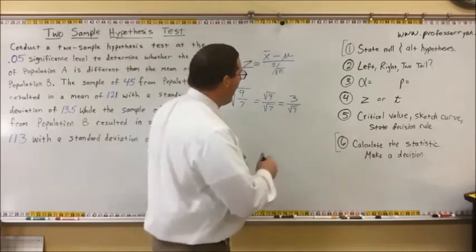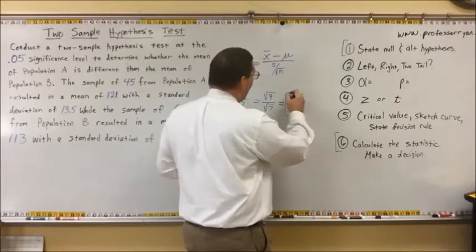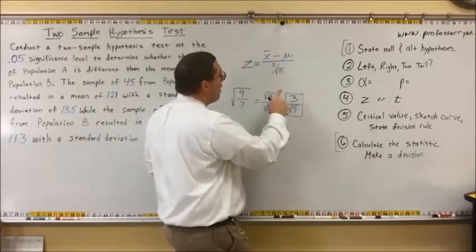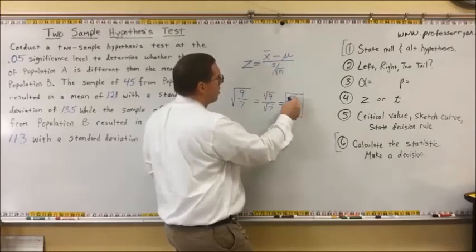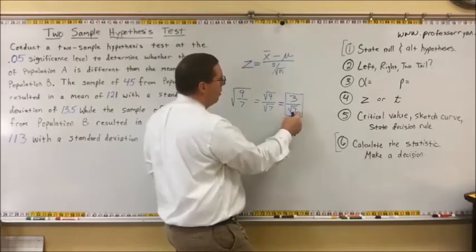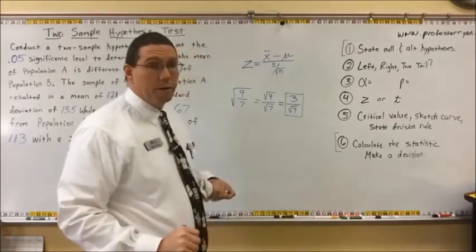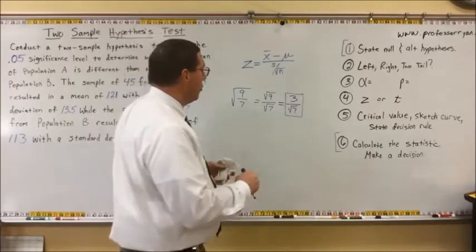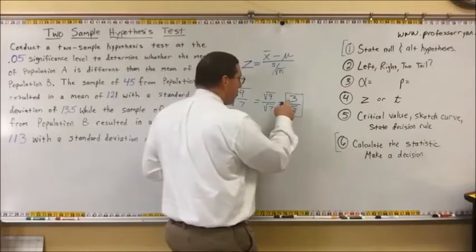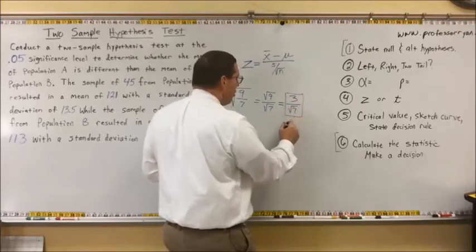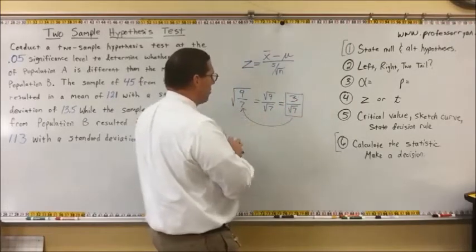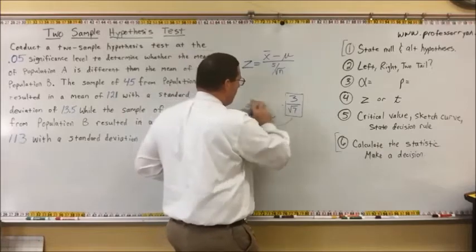And this is what you would have as the standard error if your standard deviation was 3 and your sample size n was 7. This would be the standard error. But now what I want to show you is we can go backwards. We can take this and go backwards to this. Let me show you what I mean by that.